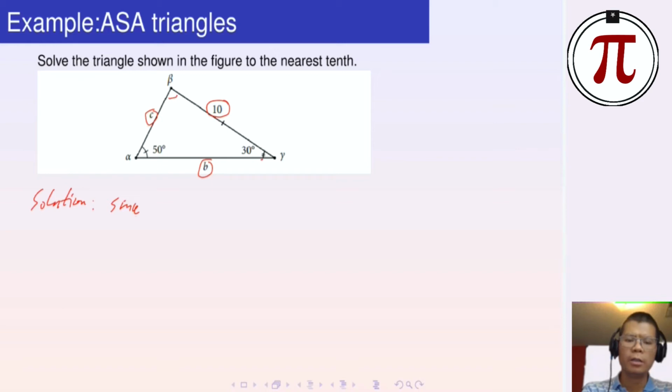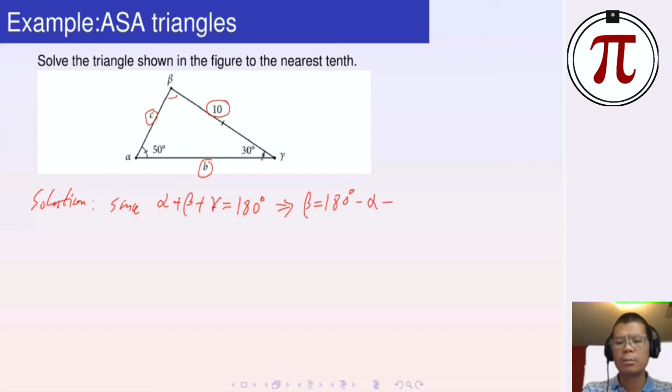Since alpha plus beta plus gamma should always be 180 degrees, beta equals 180 degrees minus alpha minus gamma, which is 180 degrees minus 50 degrees minus 30 degrees.